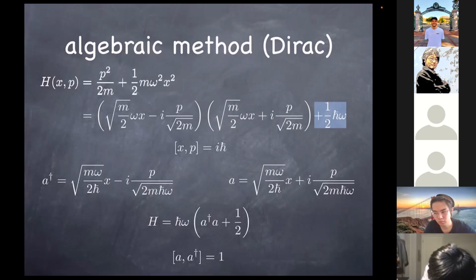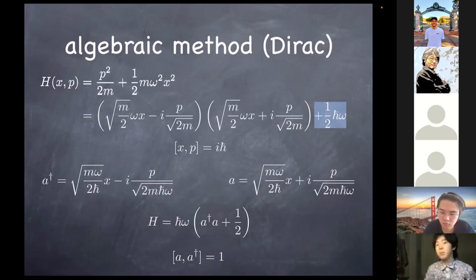The only thing that is a little different from the classical case is that x and p no longer commute, and you have to pay attention to the ordering between x and p, which gives you this zero-point energy of half h bar omega. And then you define these A and A dagger operators, and it turns out the Hamiltonian has now this simple form, h bar omega times A dagger A plus 1/2. And A and A dagger satisfy this commutation relation, A A dagger minus A dagger A is 1. So any questions about this little review of the harmonic oscillator?